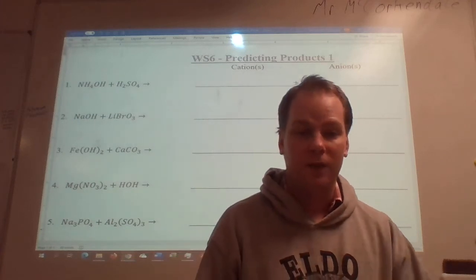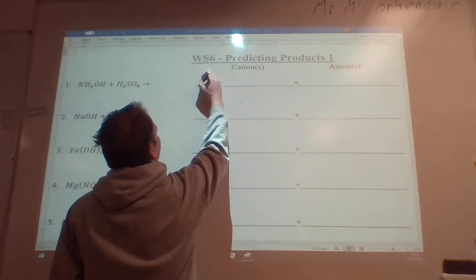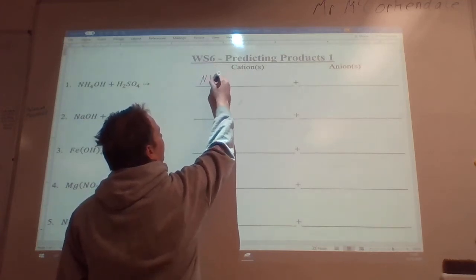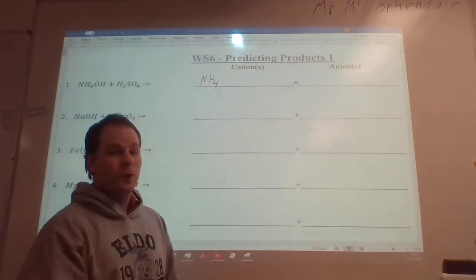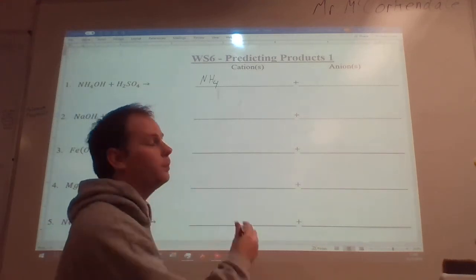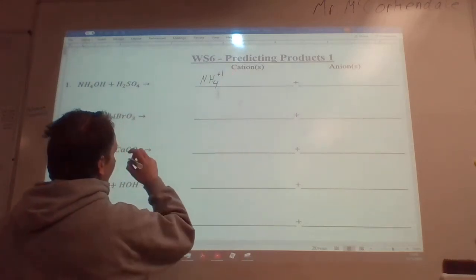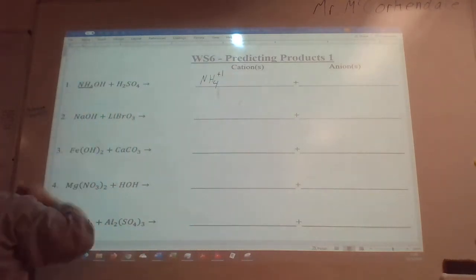NH4 is the polyatomic ion ammonium. So I'm going to write NH4. And since we've memorized our polyatomic ions, we know that the charge of ammonium is +1. So we're going to put that down as well. Okay, so that is the cation.